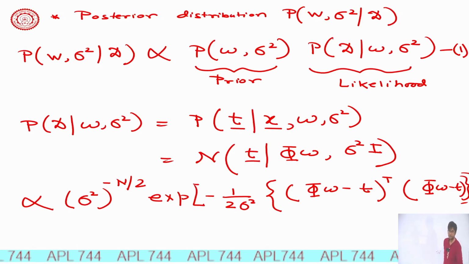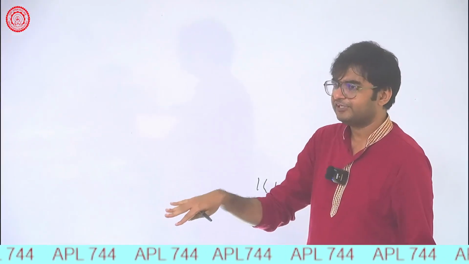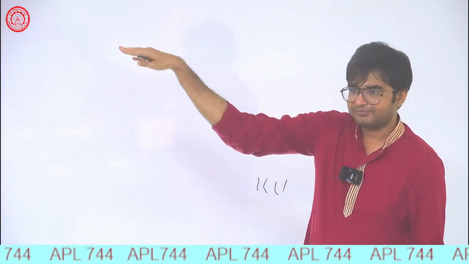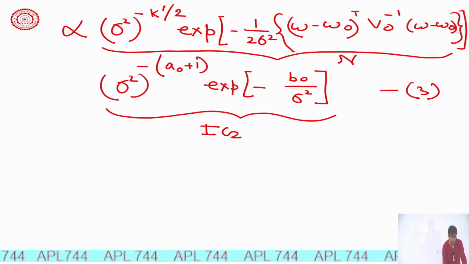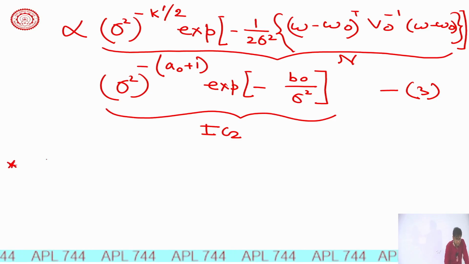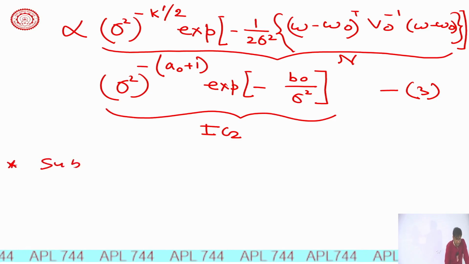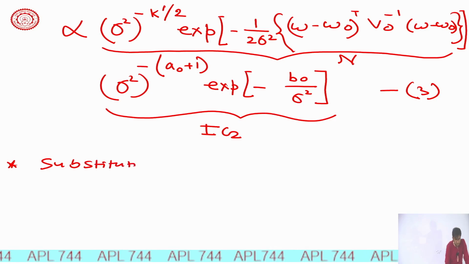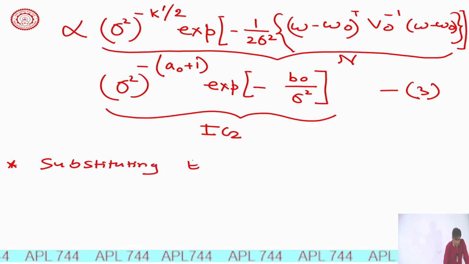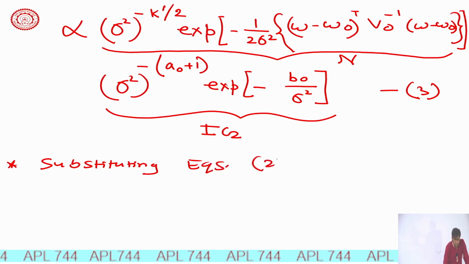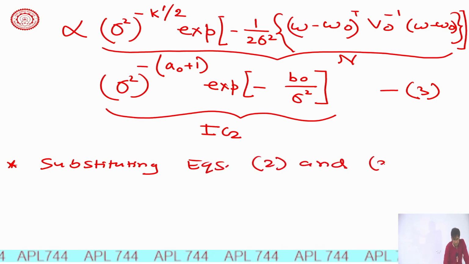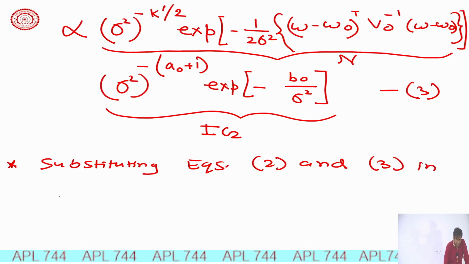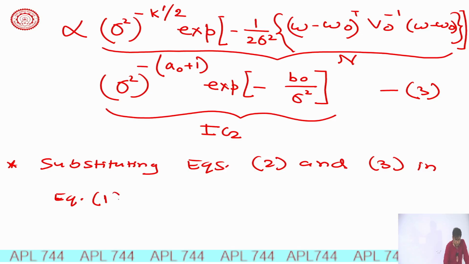Okay, so substituting equation 2 and equation 3 into the Bayes law, substituting equations 2 and 3 in equation 1. What do we get? We get, and this is the part you need to be careful about.